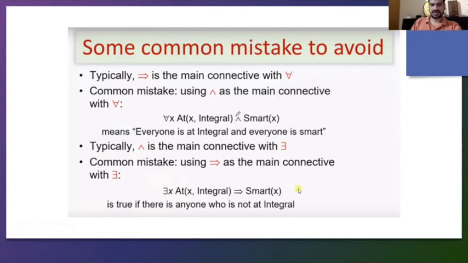So always remember that for the universal quantifier we always use implication, and for the existential quantifier we always use conjunction. Conjunction means the and operation.